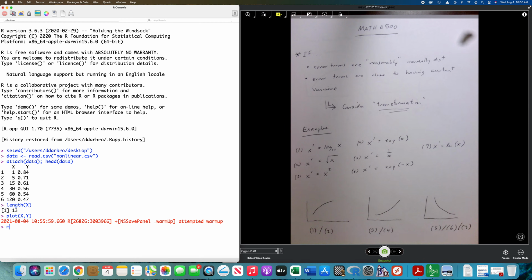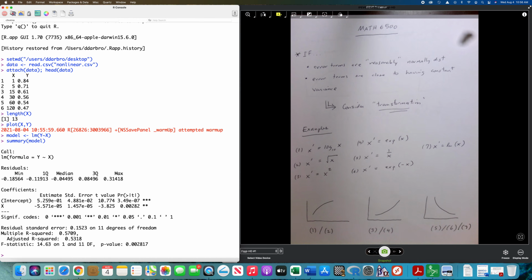So I would probably want to go ahead and just look at the model, even though I'm not at all hopeful of getting a very effective linear model.